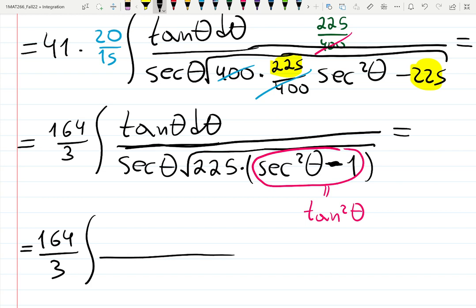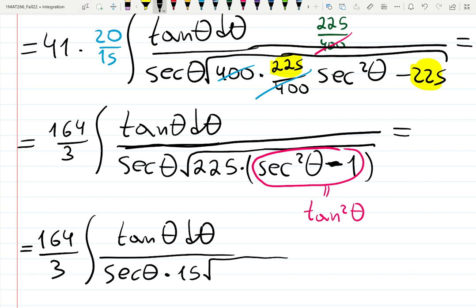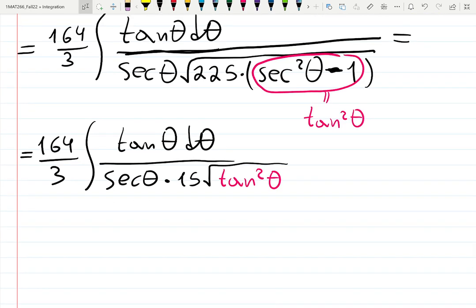So, tangent theta d theta over secant theta times 15, because the square root of 225 is 15, and there's a square root of tangent squared. The square root of tangent squared is tangent, and tangent cancels out with tangent. Check this out.